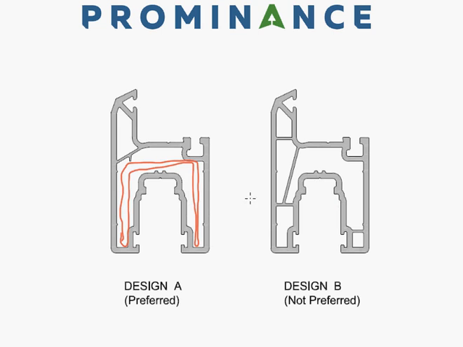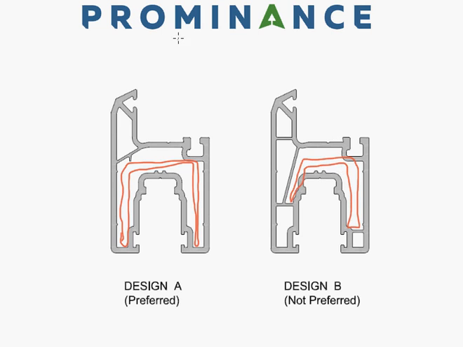Whereas, let's say I have two design choices: design A, which has more chamber inside for the reinforcement, and design B, where I have less chamber for the reinforcement. In that case, my reinforcement goes in this particular fashion.